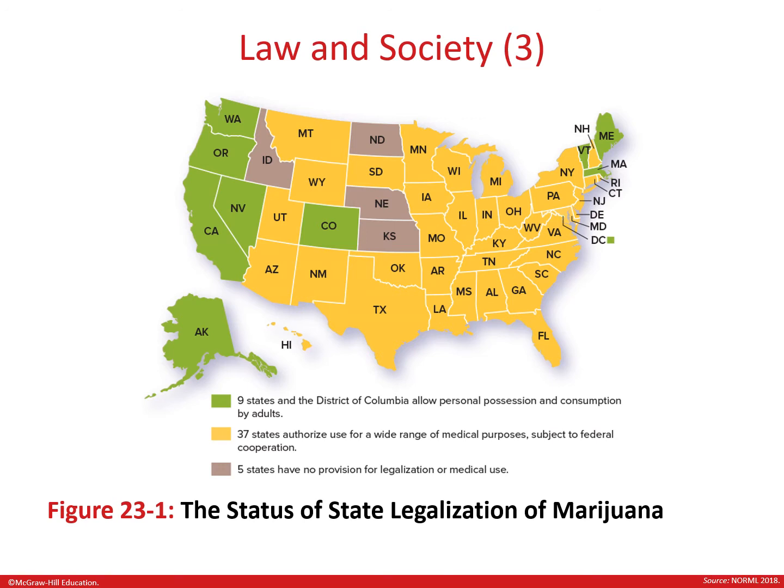So the green states are where marijuana is legalized for recreational use as well as medical use. As you see, more states are getting on board. Initially it was only 1 or 2, California, out west. So we're seeing more and more as people change their opinions and knowledge and look at studies about it. We'll see that continue to change.